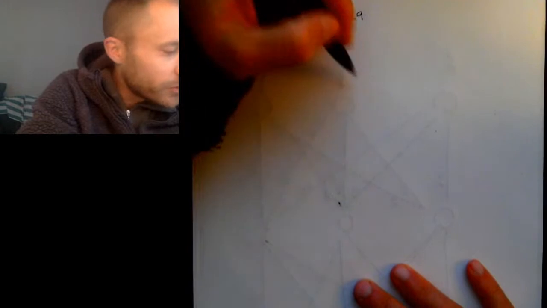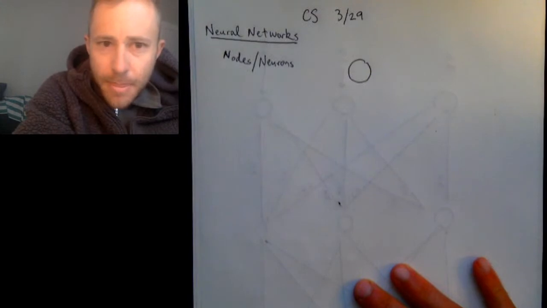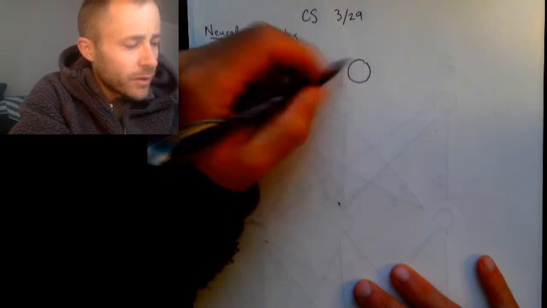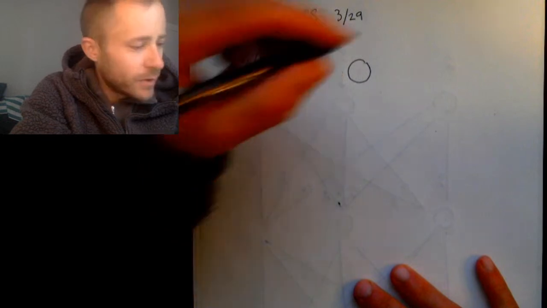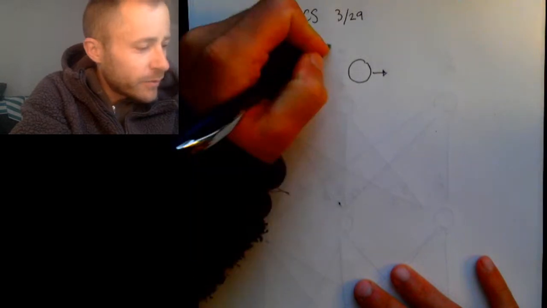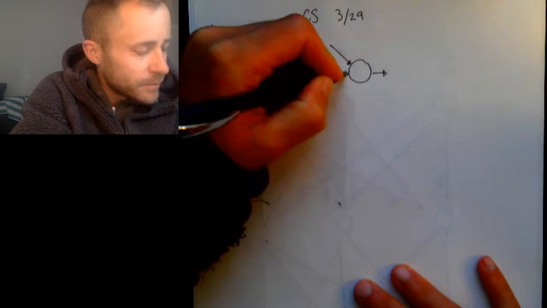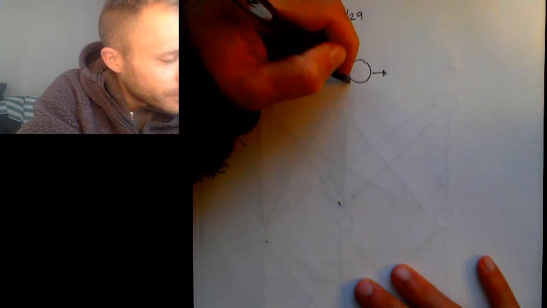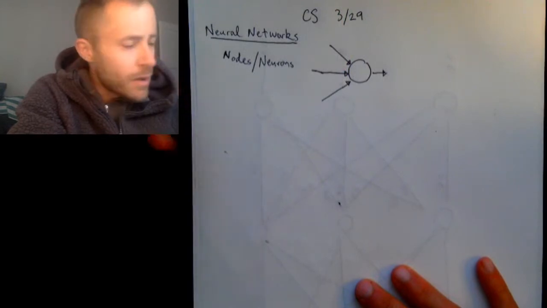We're going to represent a node as a circle, and that node is going to have an output, and it's going to have several inputs. So in this case, we have a neuron with 3 inputs.